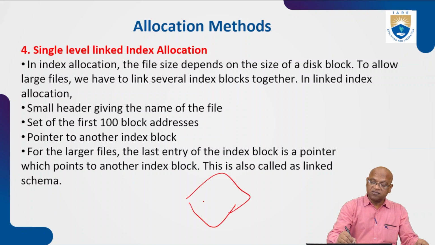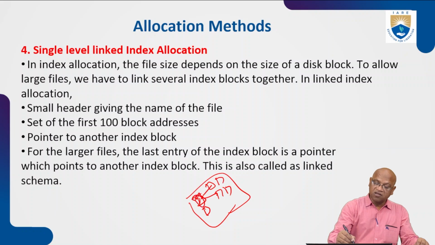This is your index block, and these are where the file is saved in different blocks. The same file is also saved in other blocks, so again this will indicate another index block, like this.